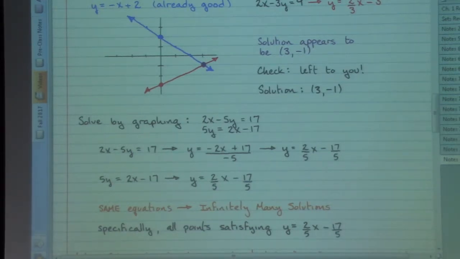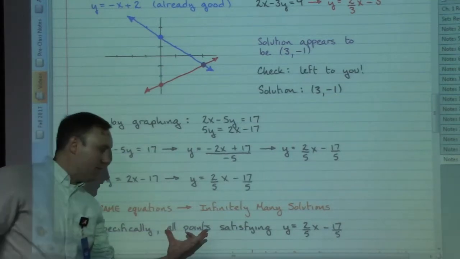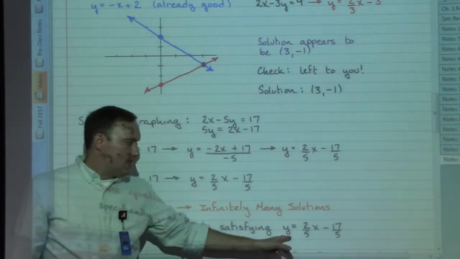Those are going to be the infinitely many solutions that we have, the infinitely many points that satisfy that particular equation.